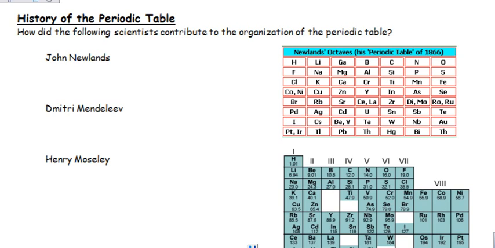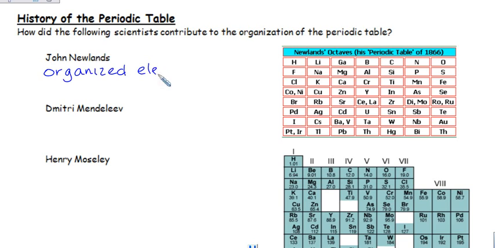He organized the elements in groups of 8, which is why in this periodic table they're called the Newlands octaves. This was the periodic table of 1866. This was a long time ago. But he was kind of the first one to think about organizing the elements that they had known of at the time.